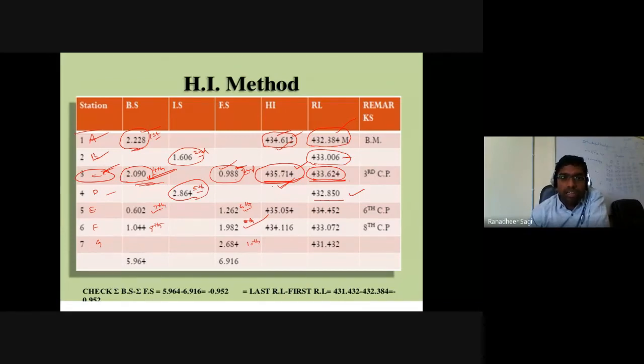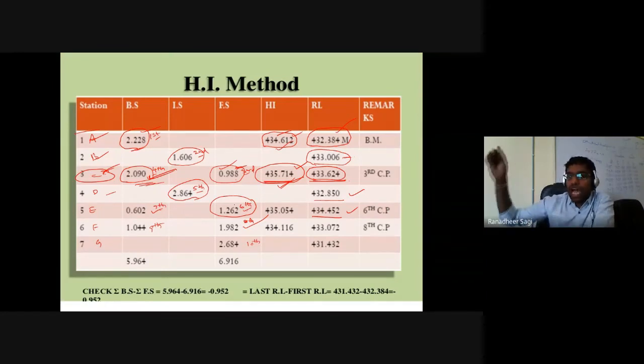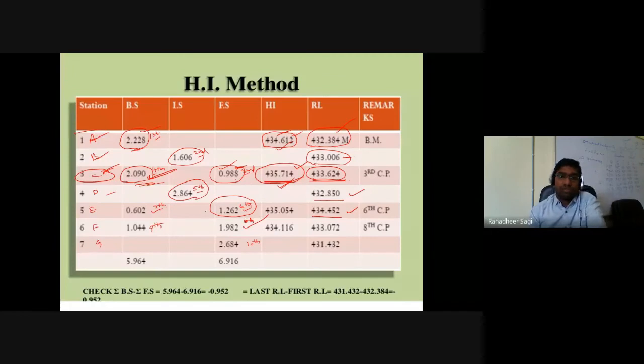So height of the instrument is 435.714 minus your foresight reading, that is 1.262, which will give you the RL value at point E. Once the RL value at point E is known, as the instrument got shifted to some new position, the height of instrument with regard to the new position is equal to your RL value at point E plus the backsight reading you had with regard to your point E position.